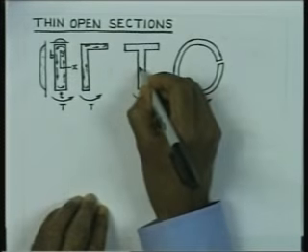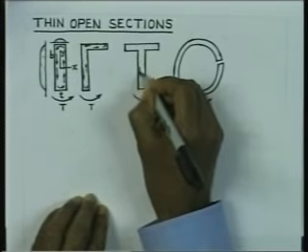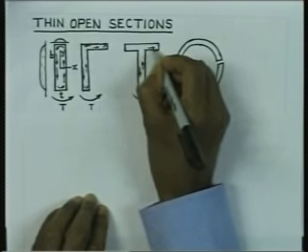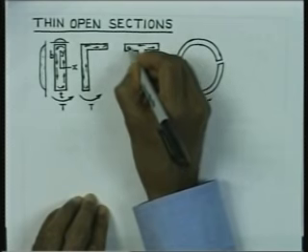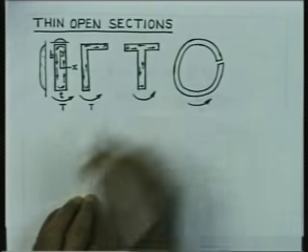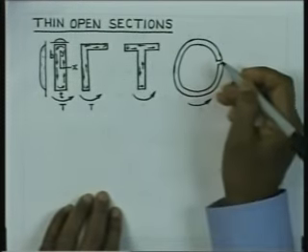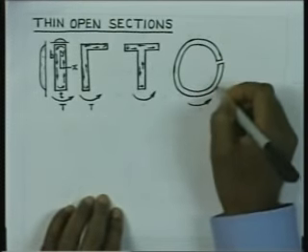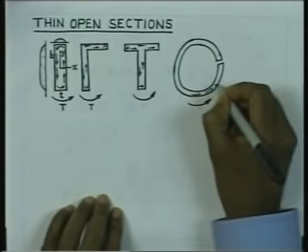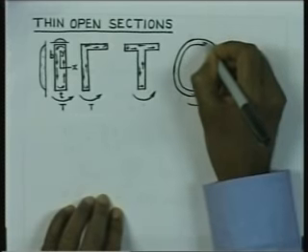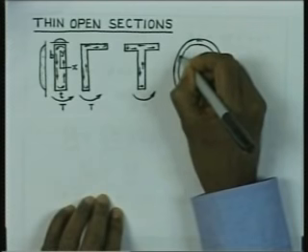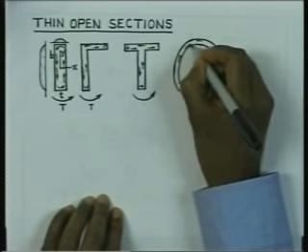You can also consider a similar picture here, that the flows are going to be directed at the edges like this. For this section, if this is the torque, then at the outer boundary it will be all anti-clockwise, and at the inner boundary it is going to be clockwise.